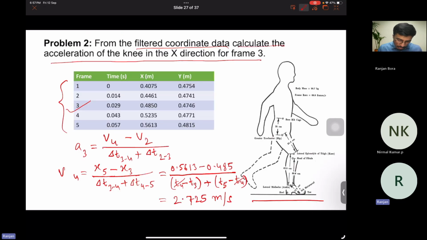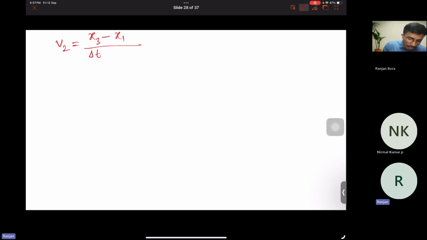So similarly, we will find out V2. V2 will be x3 minus x1 divided by delta T of 1 to 2 plus delta T of 2 to 3.